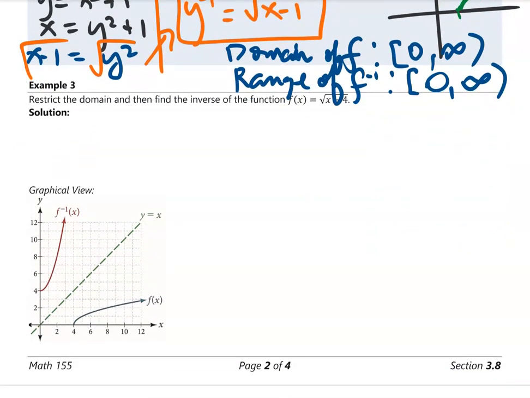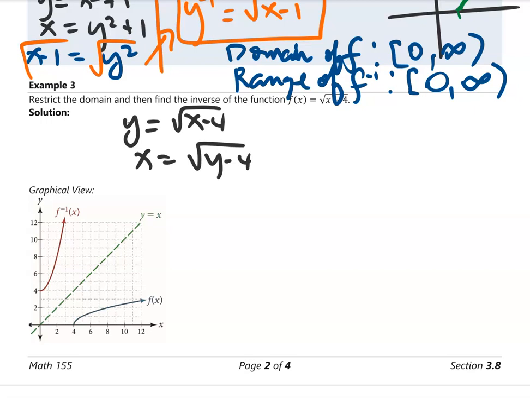Okay, next, example 3. Restrict the domain and then find the inverse of the function f of x equal to square root of x minus 4. I'm gonna rewrite that here. F of x is y equals square root of x minus 4. Switch x and y. X is equal to square root of y minus 4.